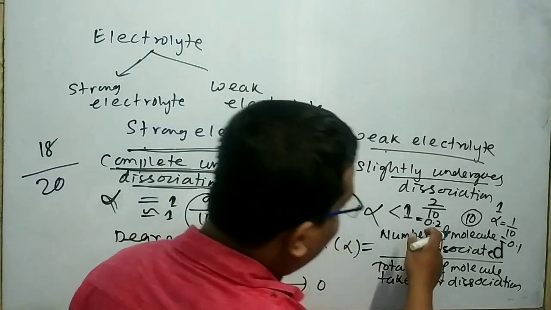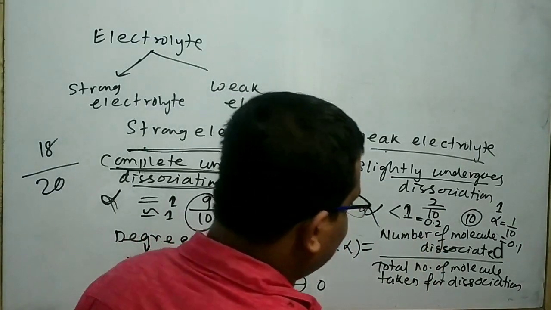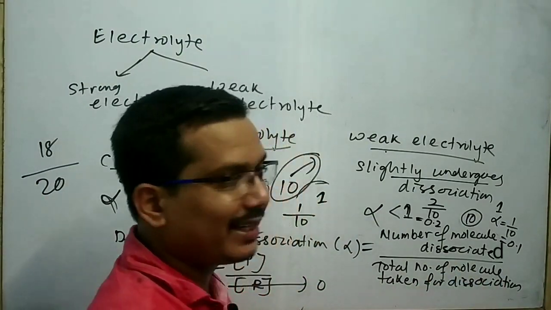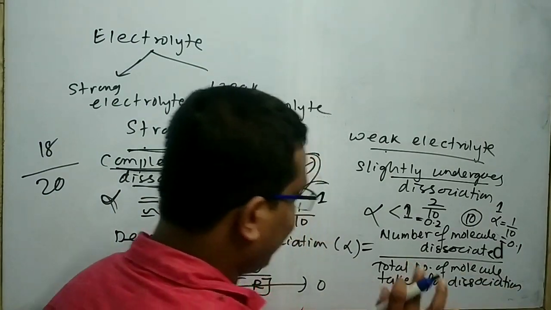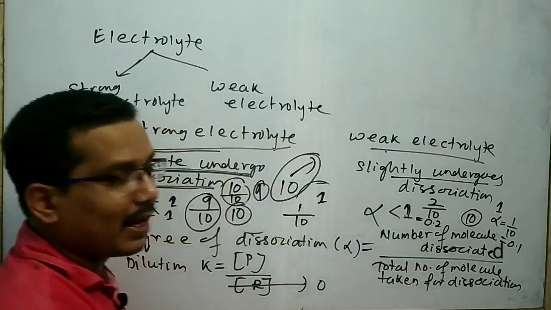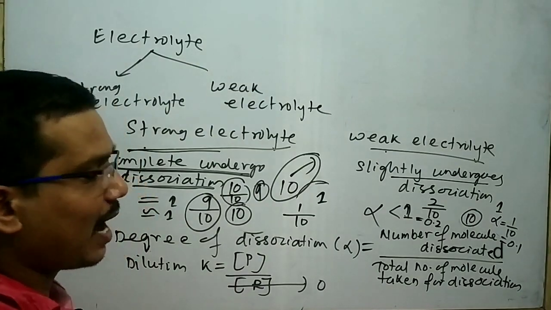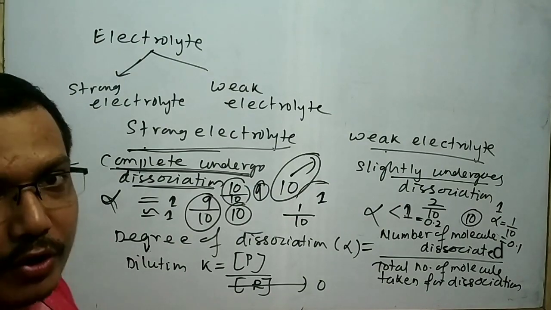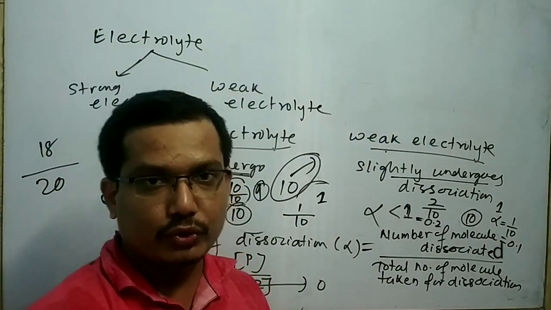But if you think about a weak electrolyte, in a weak electrolyte, some undissociated electrolytes are present. So in this case, the law of chemical equilibrium is applicable. In a strong electrolyte, a large amount of ions are produced.